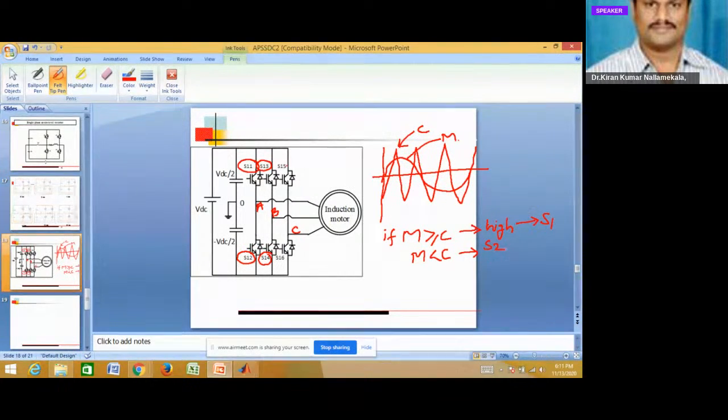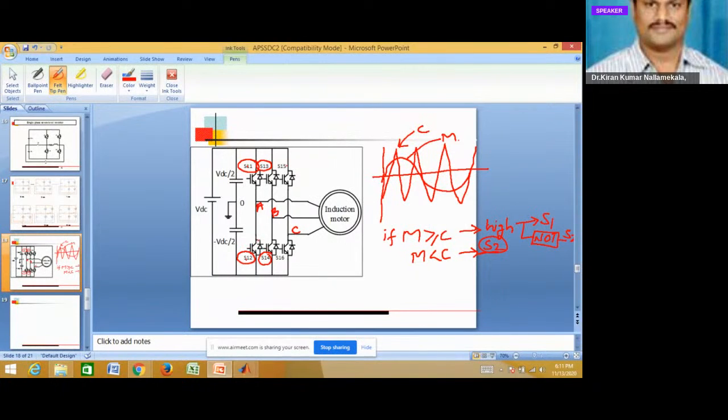The same signal for S2 can also be generated by taking this signal and giving it to a NOT gate. So this is how we generate the gating signal for S11 and S12, the A phase switches.